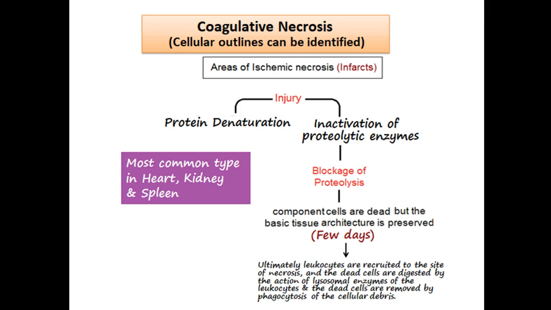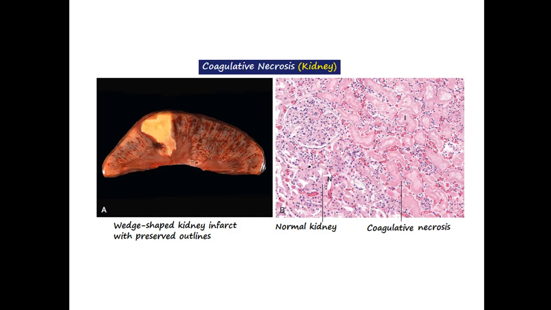The dead cells present there are digested by the lysosomal enzymes of the recruited leukocytes, and will be removed by the phagocytosis of the cellular debris that is performed by the leukocytes.